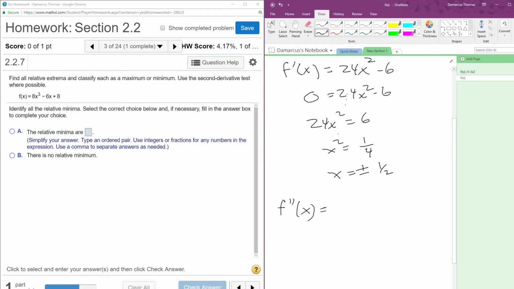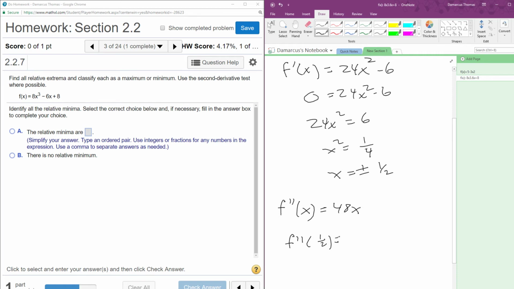If I take the derivative of the first one and use the power rule, I'm getting 48x minus 0. Now I'm going to plug positive 1/2 in there. At positive 1/2, I'm going to have another positive number.